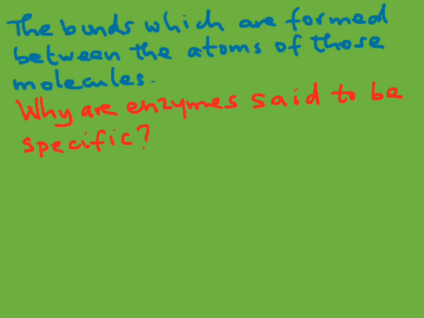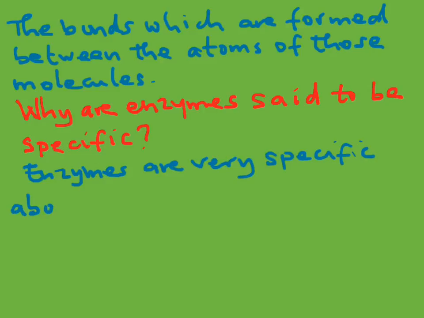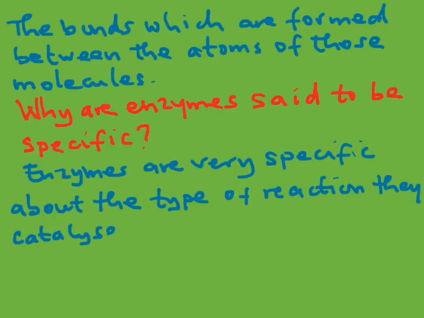Now, specificity is important because enzyme catalyzed reactions are not similar. They are different from each other. That is why enzymes are very specific about the type of reaction they catalyze.